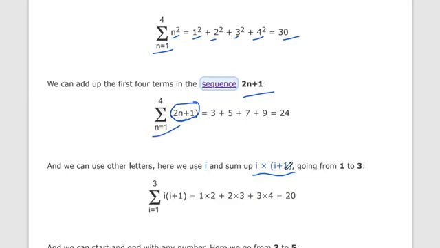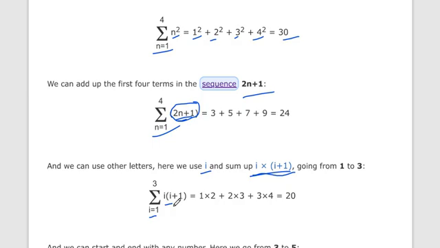Here they have used i, and the sum of i into i plus 1, with i going from 1 to 3. We used n before, but here we use i.